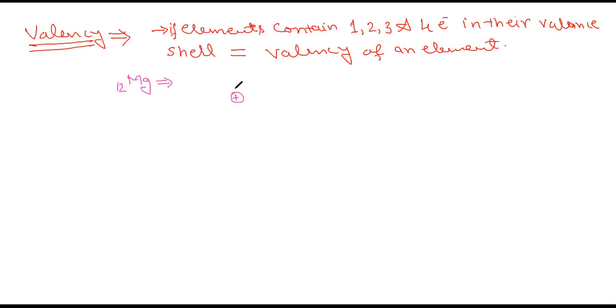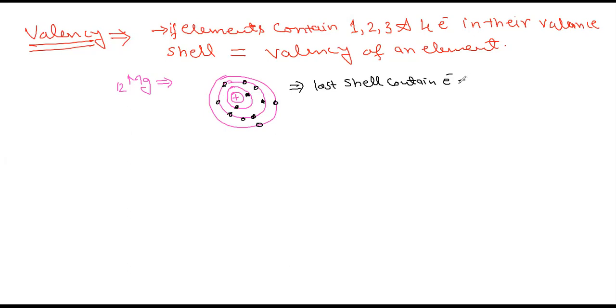This is the nucleus, the first shell, second shell, and third shell. The first shell has 2 electrons, the second shell has 8, and the third one contains 2 electrons. So the last shell contains 2 electrons, equal to 2.